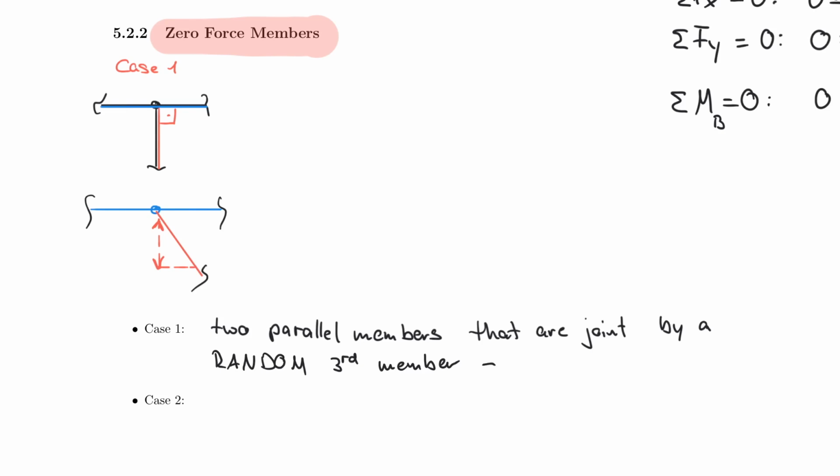If that happens, the random third member must be 0.